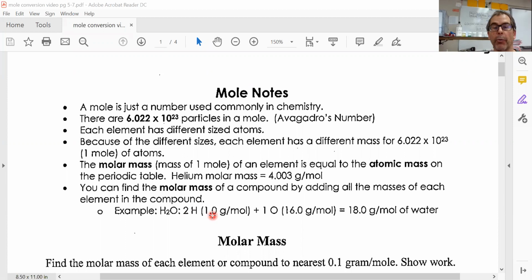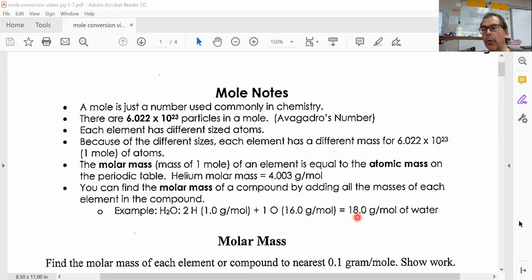There were 2 times 1 would be 2 grams, and oxygen weighed 16 grams. 1 times 16 was 16 grams. So 18 grams was the total amount. 1 mole of water molecules weighs 18 grams, or 6 times 10 to the 23rd molecules of water weighs 18 grams.